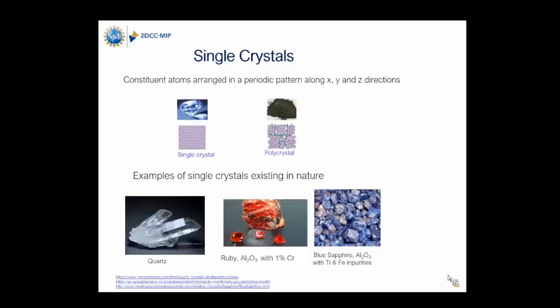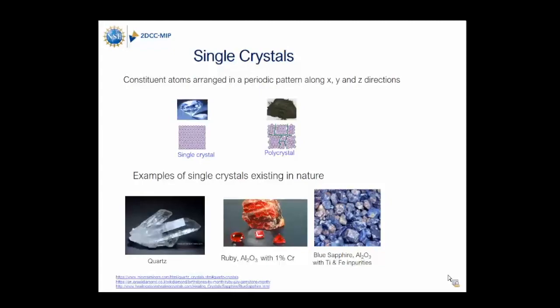Each grain is a single crystal, but different grains are oriented in different directions. That type of material is called polycrystalline material. A single crystal can be grown from polycrystalline material using either a solution method or a melt growth method. I will talk about that later.